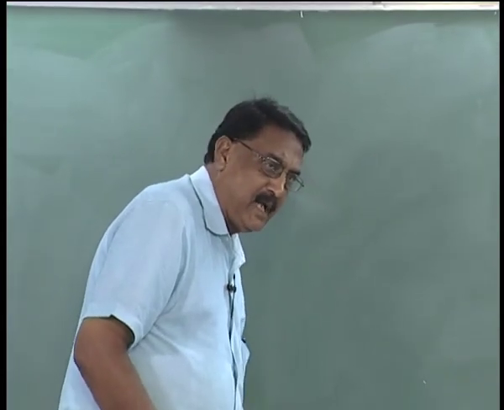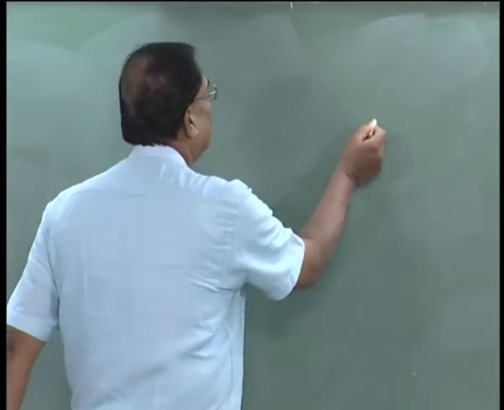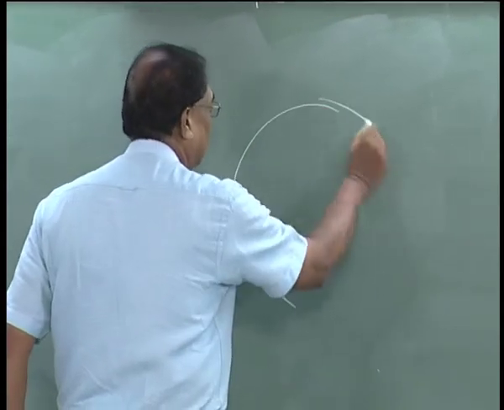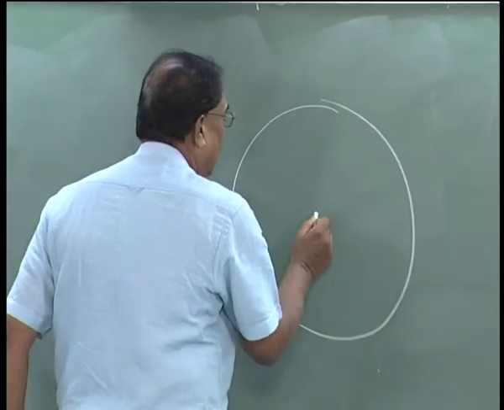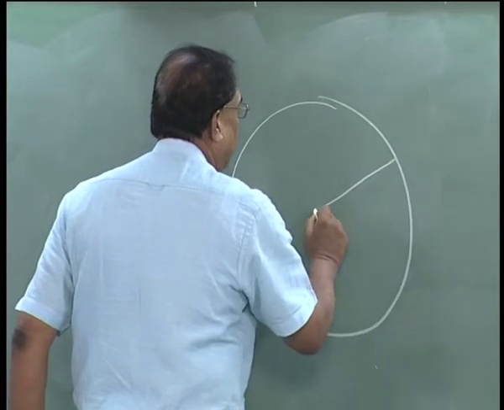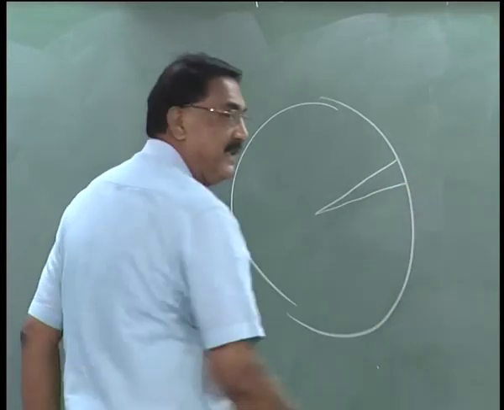So, what is being done is, suppose you have a circle divided into small segments like this.